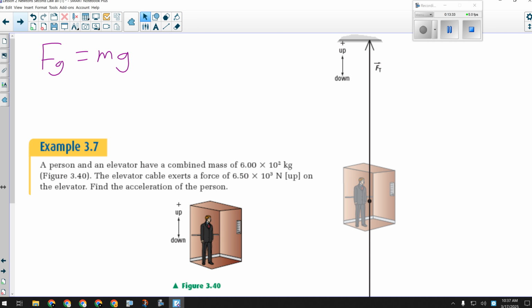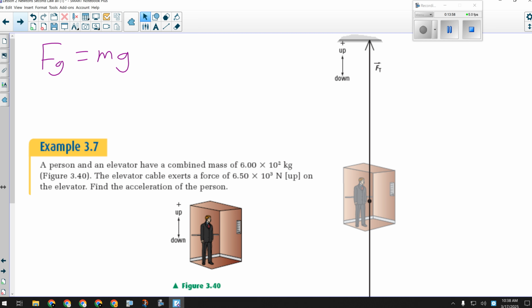If you were starting to descend, that initial acceleration would result in you looking like you weigh a little less because the floor isn't pushing as hard on your feet as it does when you're just standing there. If it wants to push you upwards, it has to push harder on your feet so that the net force is up. The force up is greater than gravity. That accelerates you up. The force is less than gravity if you want to accelerate down.